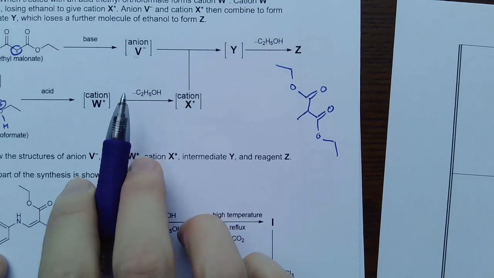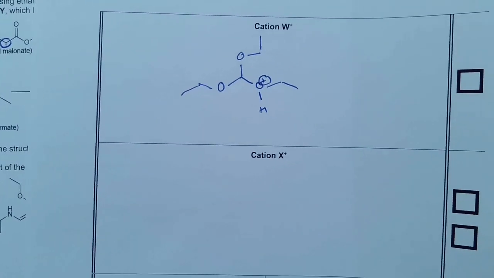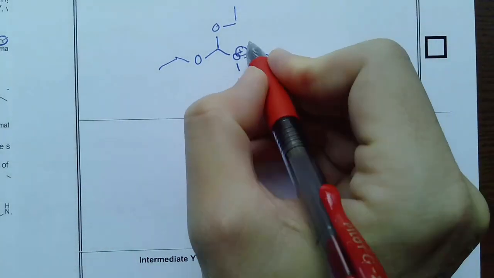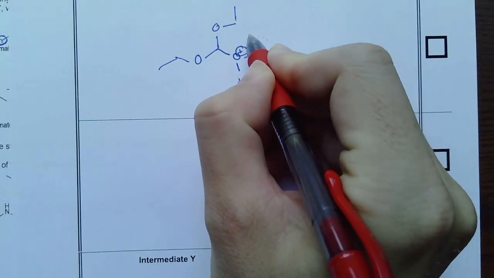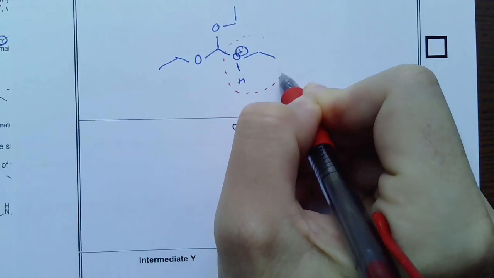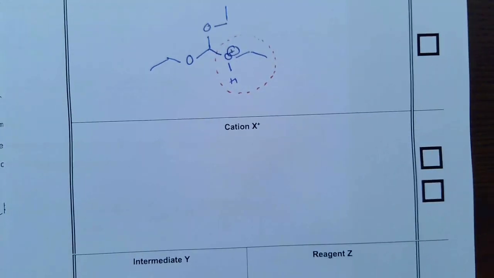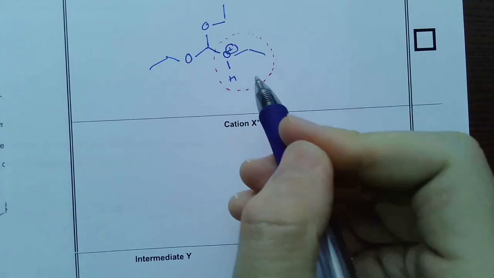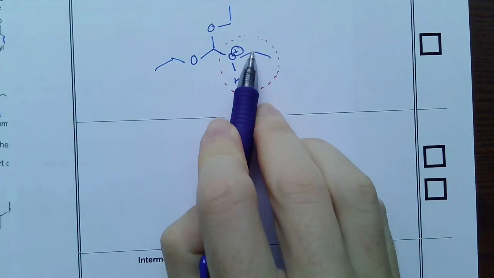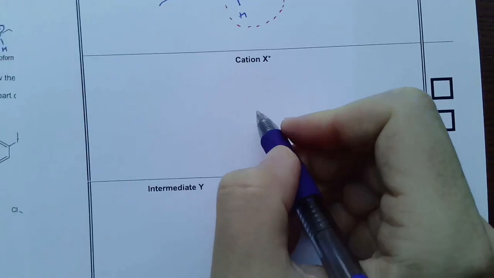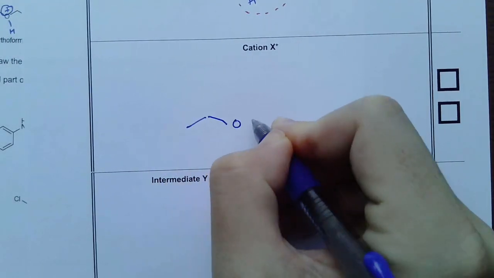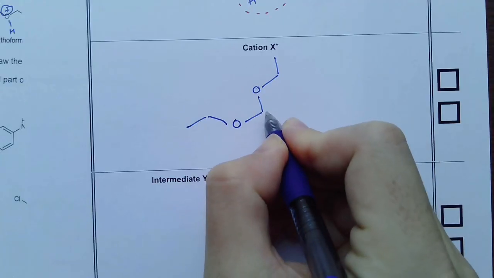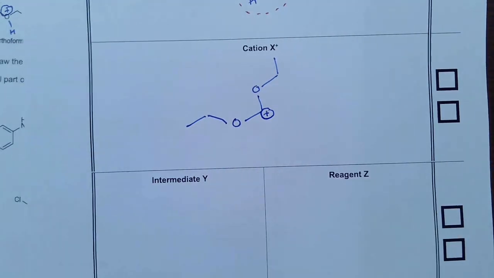Now at this point, it should be fairly clear what's going to happen, because this is going to come off. And if I do that, here I've got my CH3CH2OH, so I'm just going to be left with this, and now that has got the positive charge.